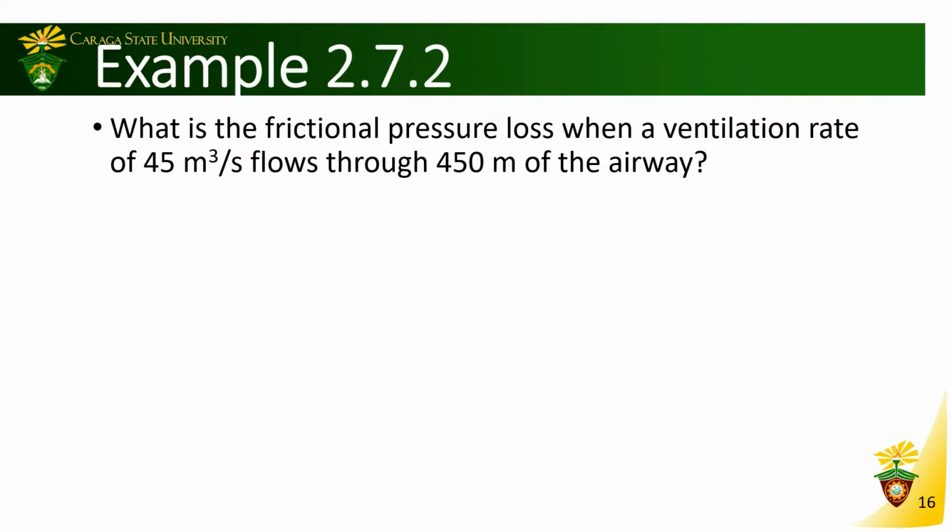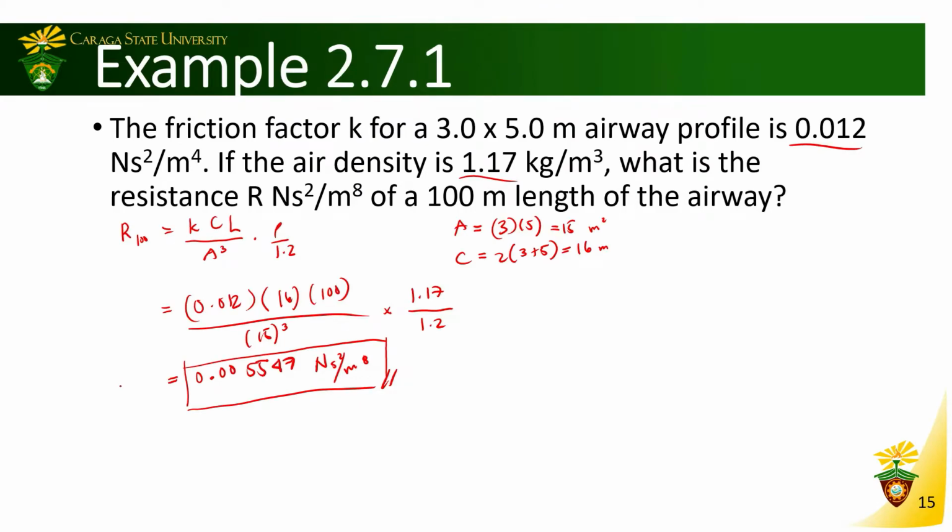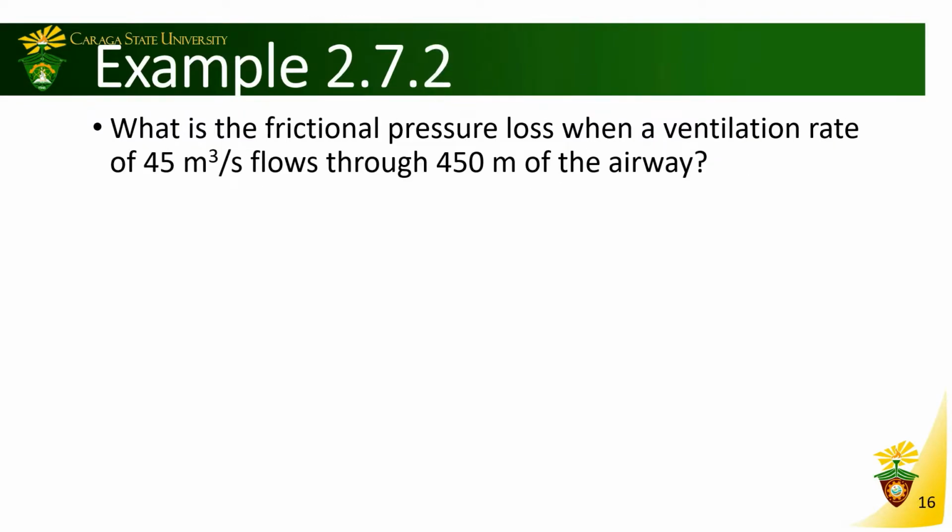Since what we obtained is R100, in terms of 100-meter length, we could make use of proportion for a 450-meter length. So R450 is equal to R100 times 450 over 100.